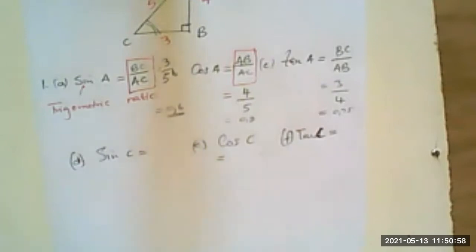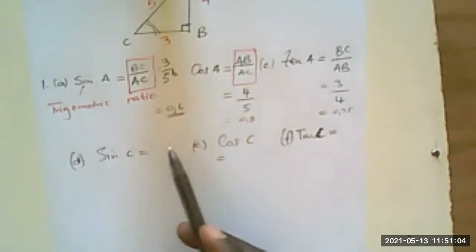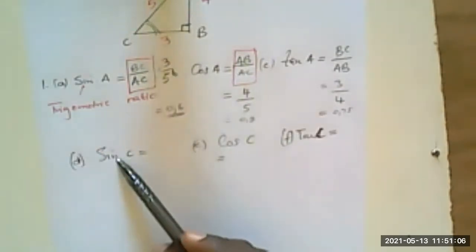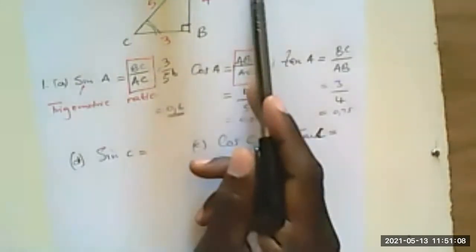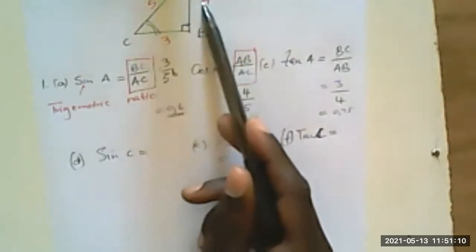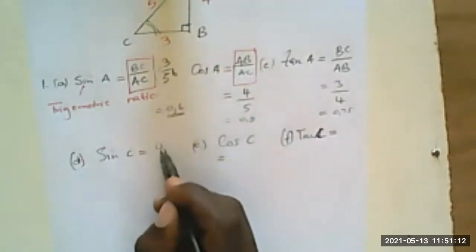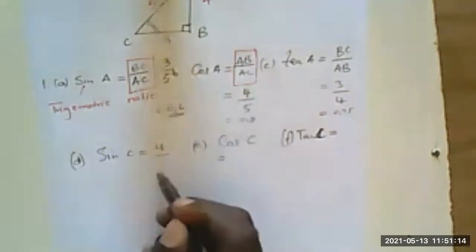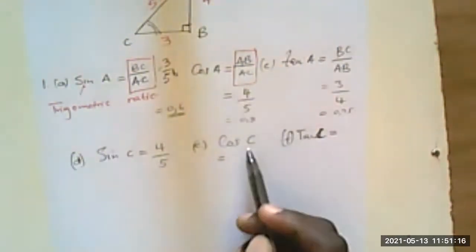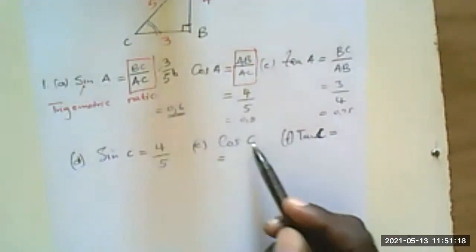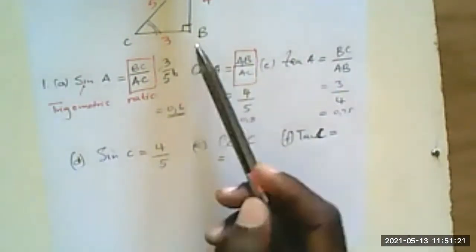Here is our C. Sine is opposite over hypotenuse. Opposite of C is 4 over the hypotenuse, which is 5. And then the cos of C is adjacent over the hypotenuse.